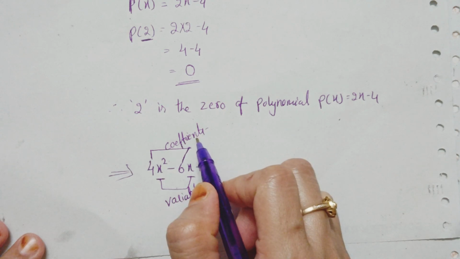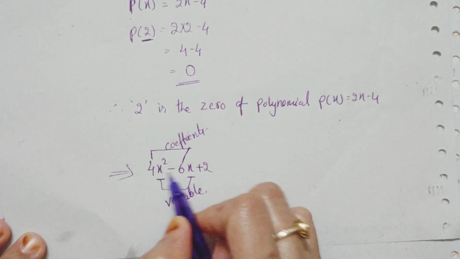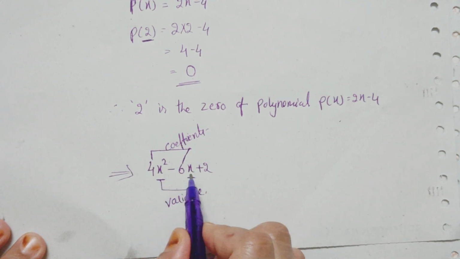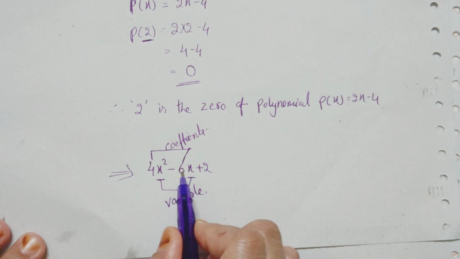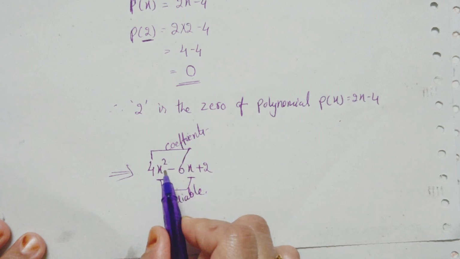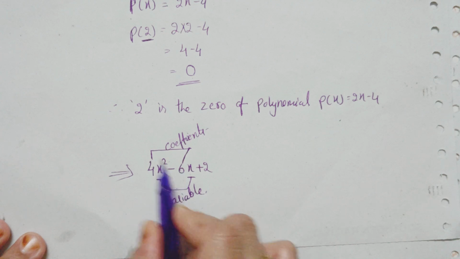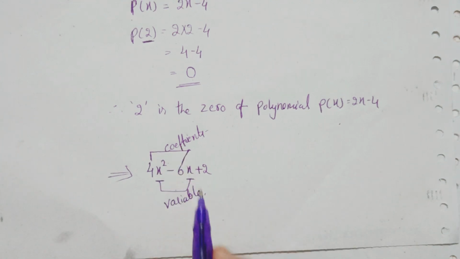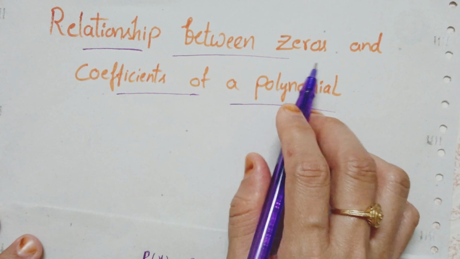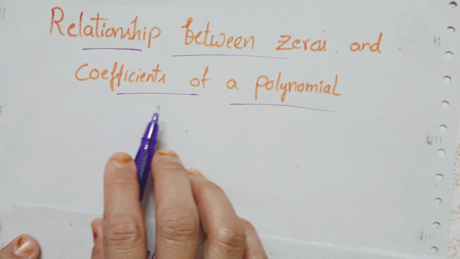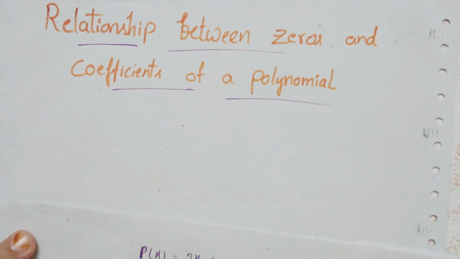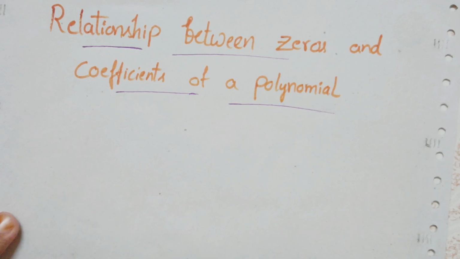So coefficients are nothing but the values multiplying the variables. Here the variables are x square and x. The numbers in multiplication form with the variables, we call coefficients. Now it's clear, guys. I have told you the meaning of zeros of a polynomial and what a coefficient is. Let's enter into the topic.